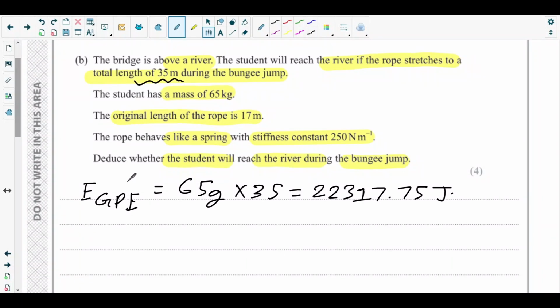Okay, so now we know the scenario here, how the energy is getting transferred. Potential energy will get transferred to elastic strain energy of the rope as the rope extends, right? So let's find out, to have this amount of elastic strain energy, how much the rope has to extend.